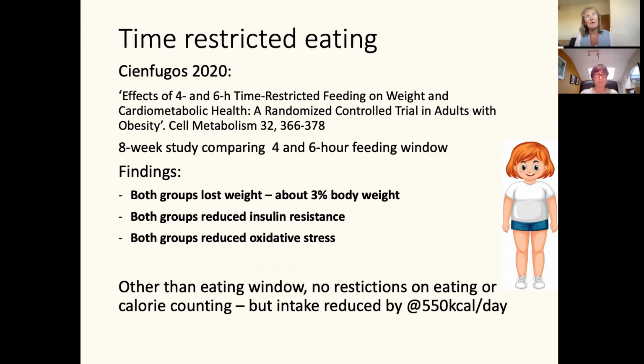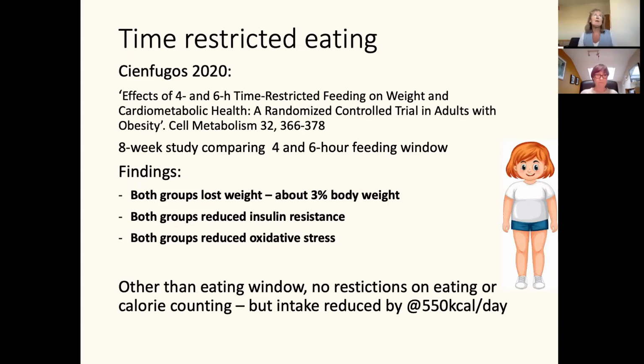So the 4 hours would be fasting for 20 hours and eating within a 4-hour window every day. And the 6-hour time restricted feeding would be 18 hours fasting and 6 hours eating in terms of a window.